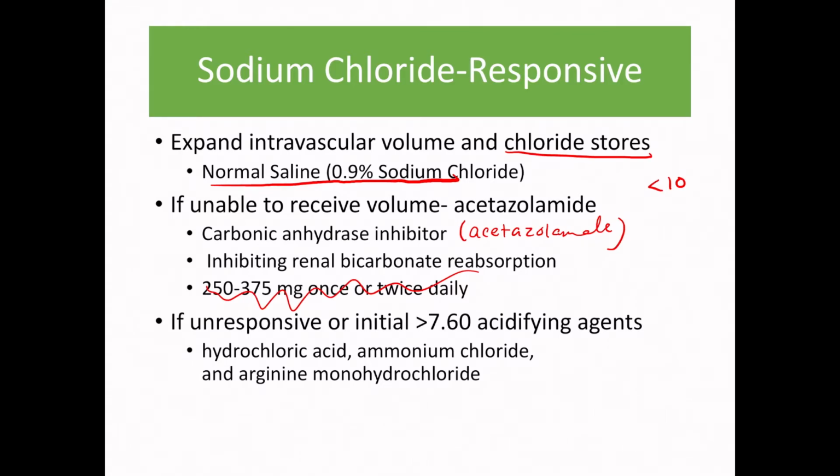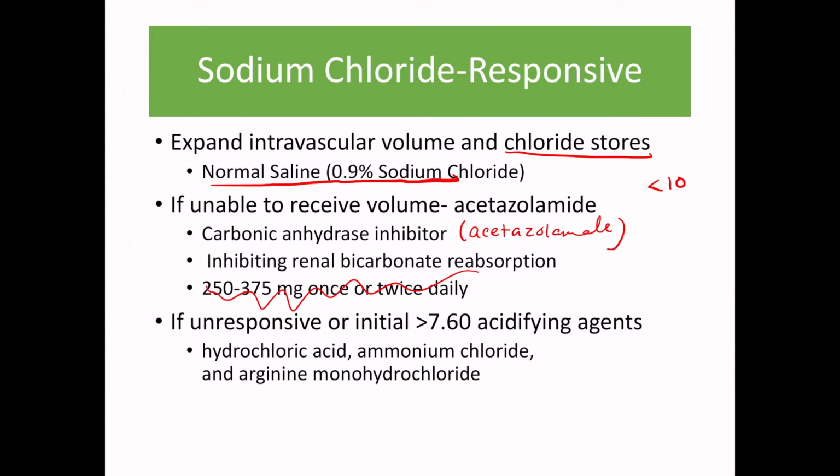If they have signs of hypovolemia, such as having prolonged capillary refill times, dry oral mucous membranes, or poor skin turgor, then you want to give them more fluid. So that's whenever you're giving them normal saline. If they have signs of hypervolemia, such as having pitting edema, lower extremity edema, or having rales or pulmonary edema, that's going to make you want to pick acetazolamide to try to get rid of excessive fluids.